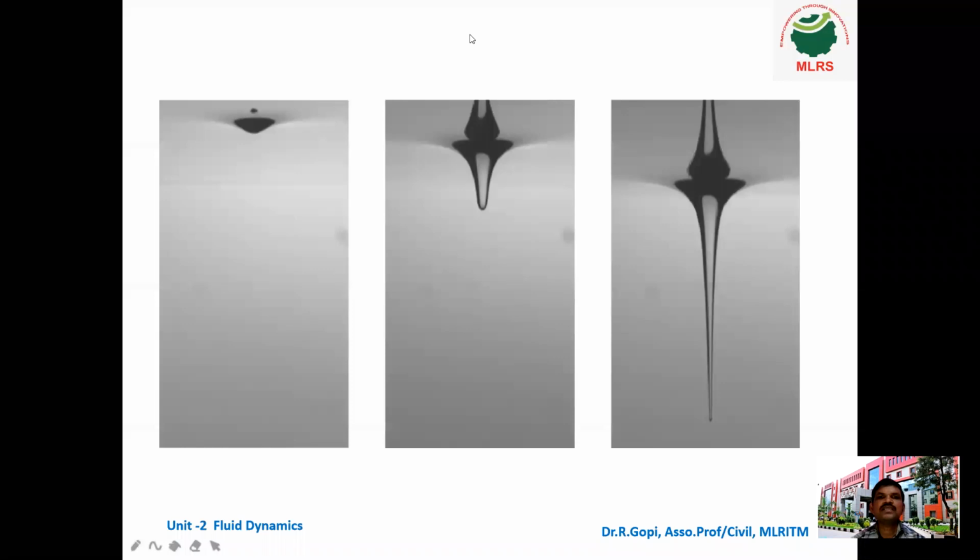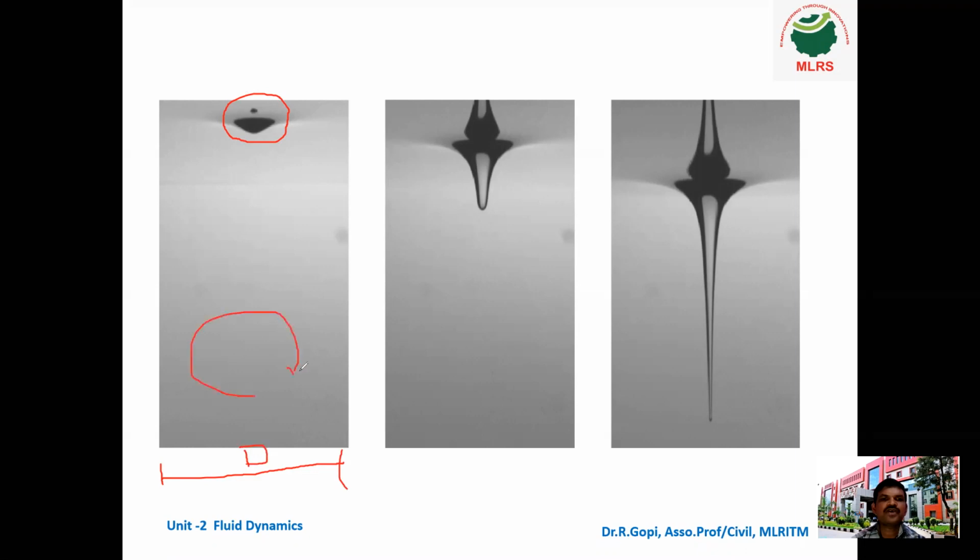Now you can see in this picture a vortex is generated, this is the initial stage. This is the cylinder, and this is the cylinder diameter, D. Here the fluid is rotating in a circular motion. Initially the vortex is formed, and if you rotate faster, this type of vortex is formed.